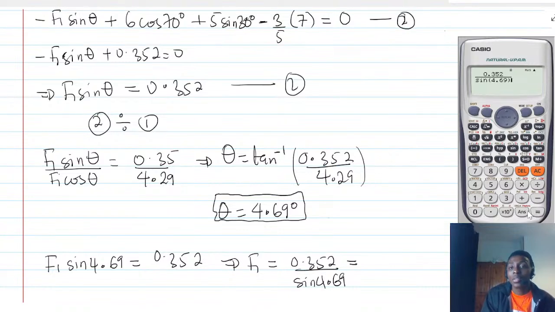What is that? So it means that F1 is what? 4.305.